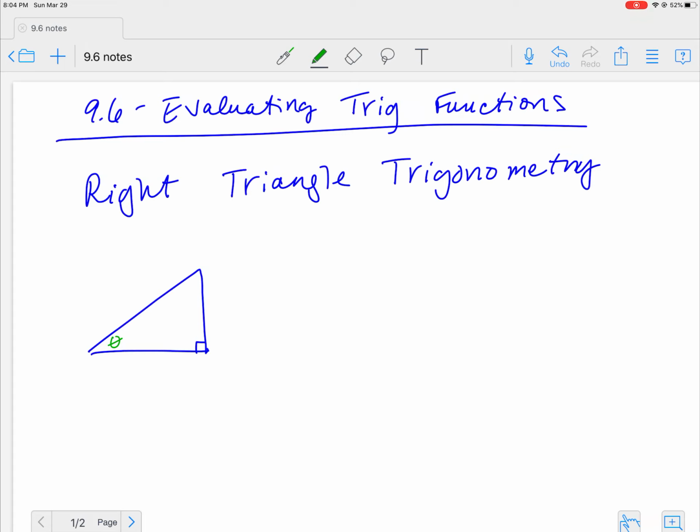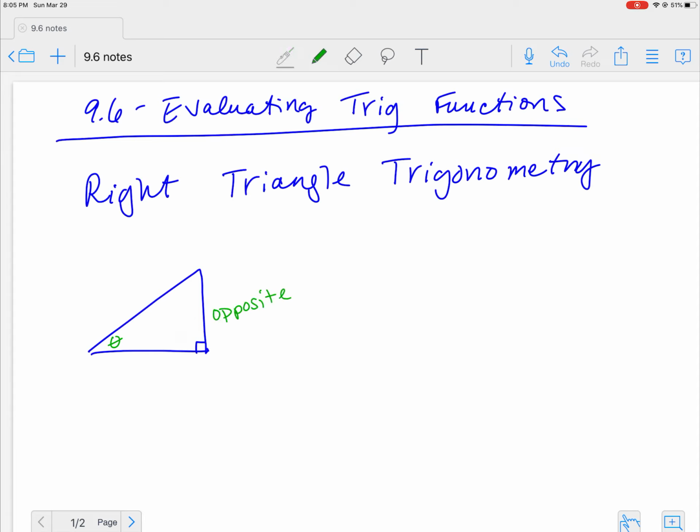So if I have this right triangle, I'll just throw one down here, I can have theta over here in this corner. The big deal with right triangle trigonometry is we have to look at what I am going for, how this relationship is with theta.